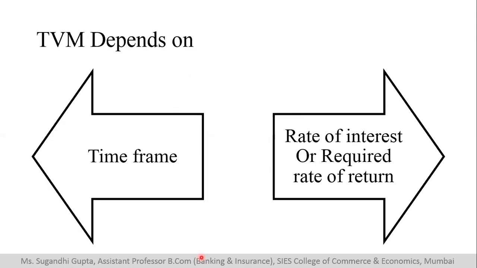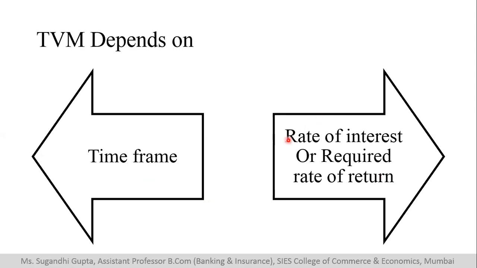This brings us to the two major pillars of time value of money, that is, how the time value of money will get affected. One, it will get affected by the time frame which we are looking at. So, are we looking at a 1 year return, 2 year return, 10-year return? That will have a major impact on the valuations.